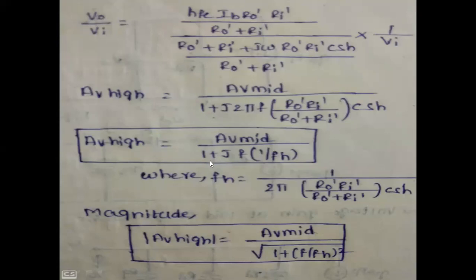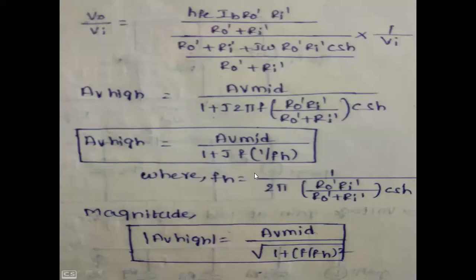And AV mid by 1 plus j into f: we are separating the term f, and the remaining term, that is 2 pi CSH R0 dash RA dash by R0 dash plus RA dash, is considered as 1 by FH. So in place of this term, we are substituting 1 by FH. Then we get AV mid by 1 plus j into f into 1 by FH.